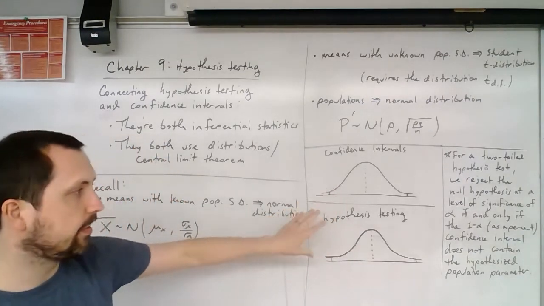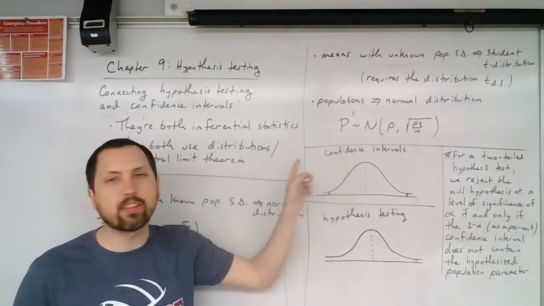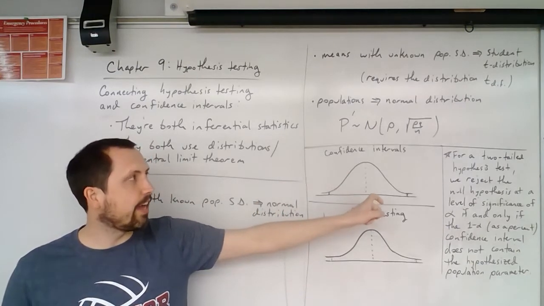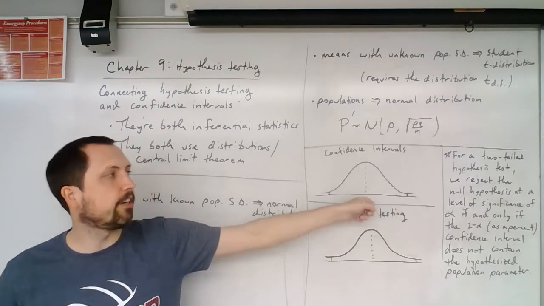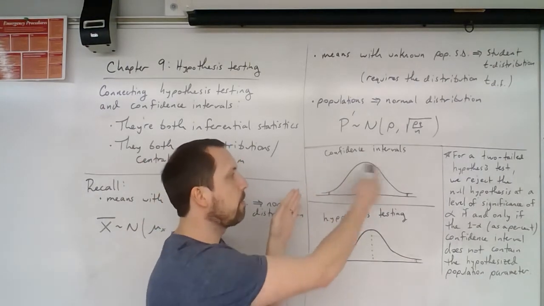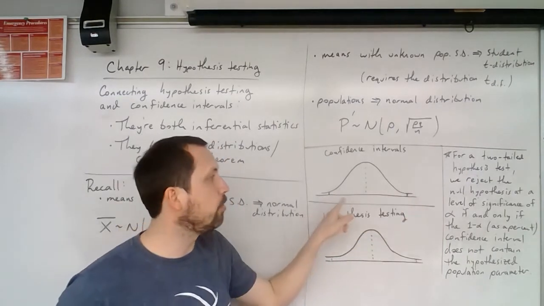So what I'd like us to now start to see is a comparison of the two. Remember, we drew this picture a lot with confidence intervals. We had our sample mean here, and we said, okay, about 95%, for instance, of our data is going to fall between these two values. We could find what these two numbers would be.